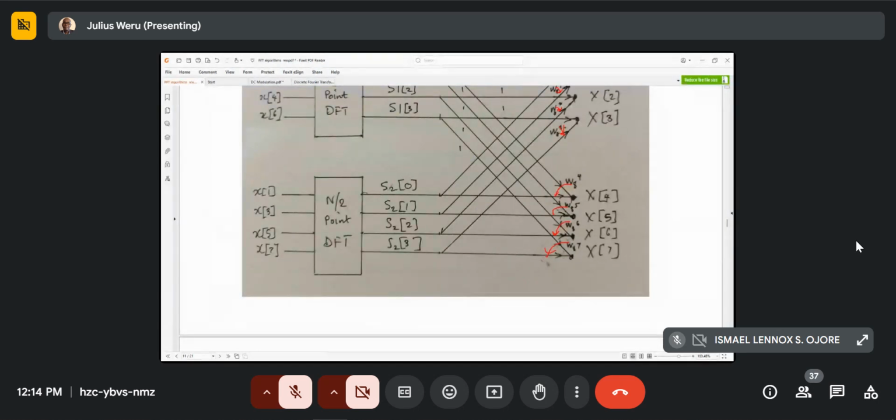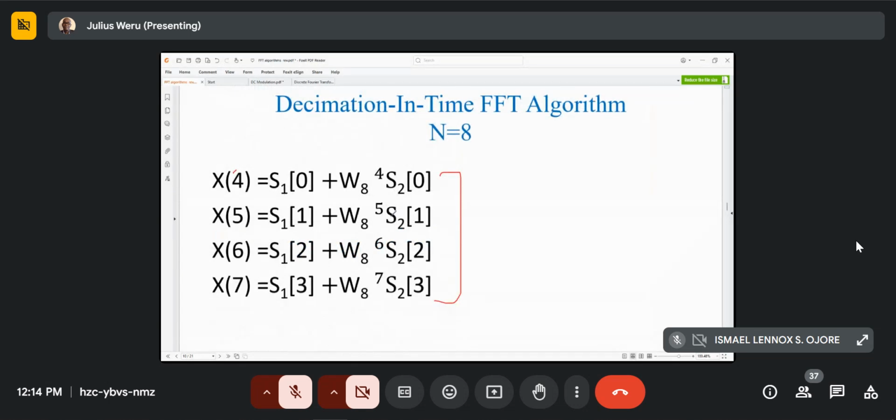Yes, it is the s2 here. It is the s2s which are being multiplied by Wn to powers of k. Okay, is that okay?